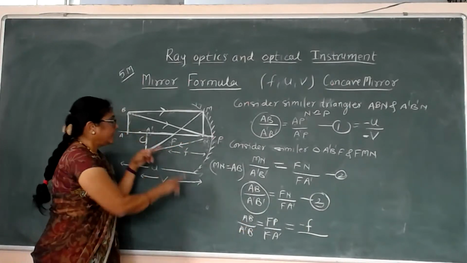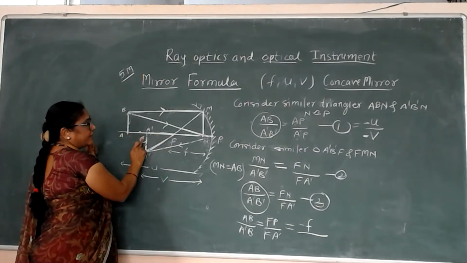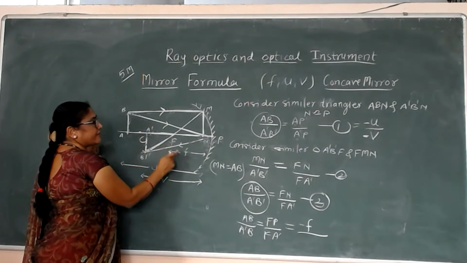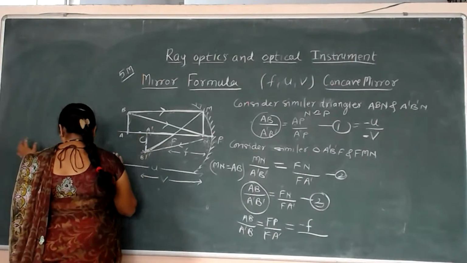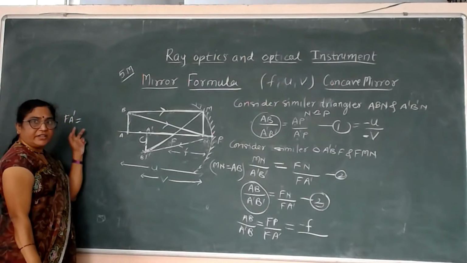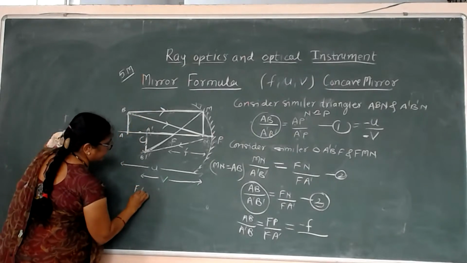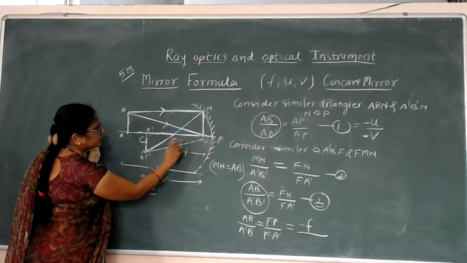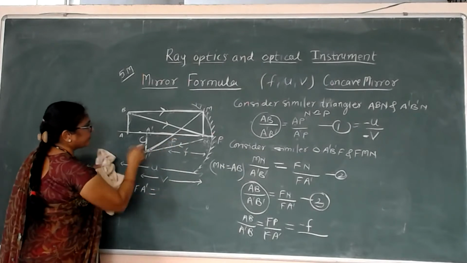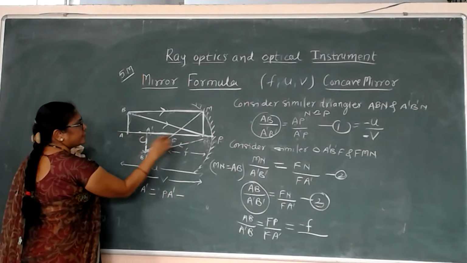Now this distance FA dash is equal to PA dash minus PF.